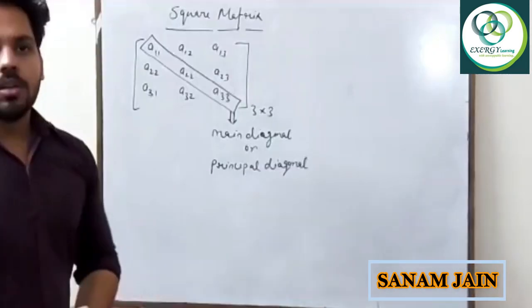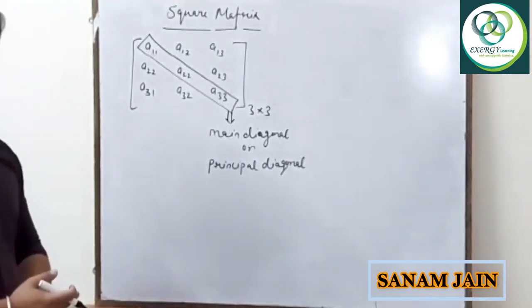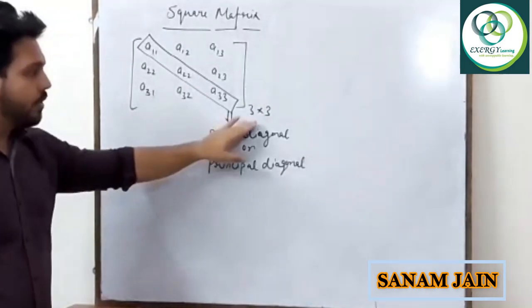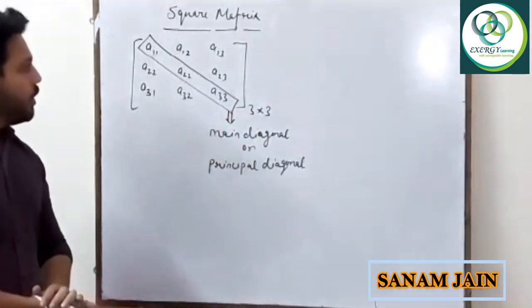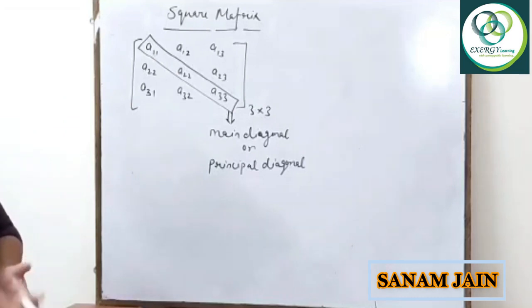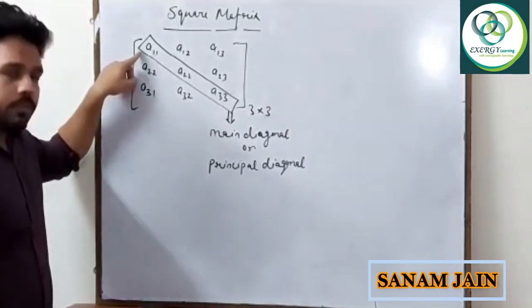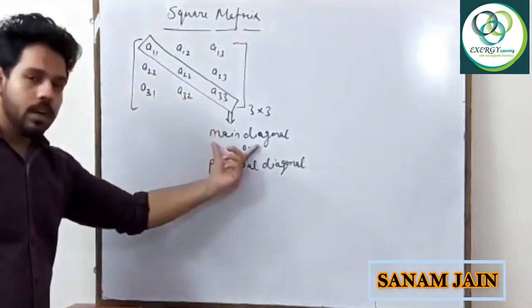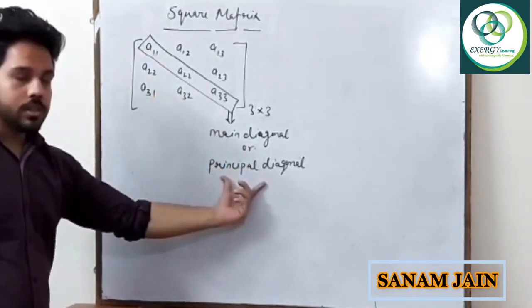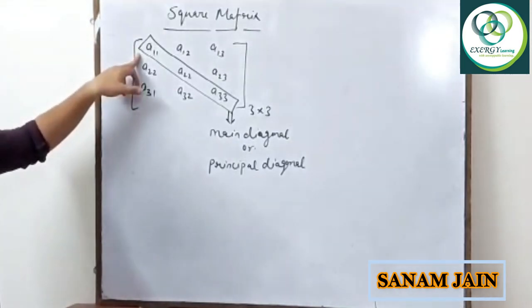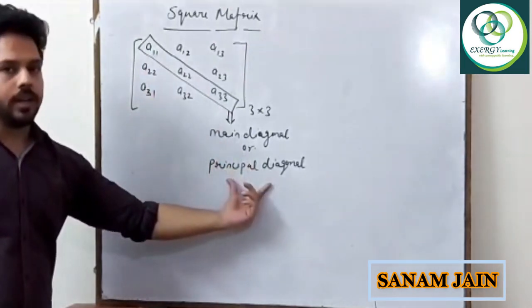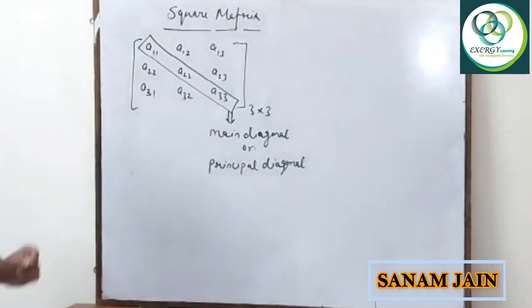So now we are talking more about the square matrix. As you can see, I have written a square matrix of 3 by 3 order. Here we are talking about the diagonal. What is a diagonal? The diagonal that runs from the first element to the last element of the matrix is known as the main diagonal or principal diagonal, and the elements of this diagonal are known as diagonal elements.